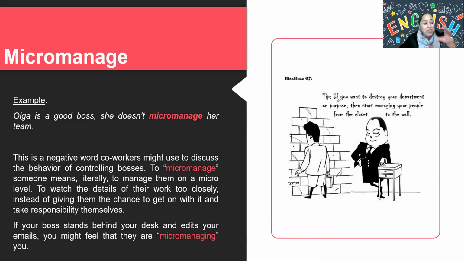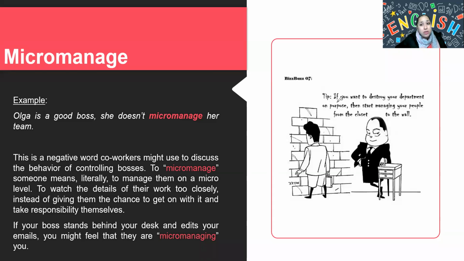And in your other class, I like this one. The other class that you're taking that is called leadership, then you are discussing this. Micromanage will go against leadership. This is not a true leader. So for you to understand what micromanage is, I'm also referring to that. Here is an example also on this picture, a tip.